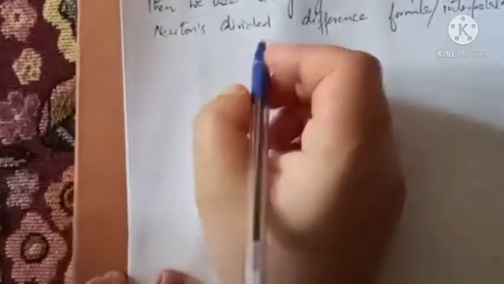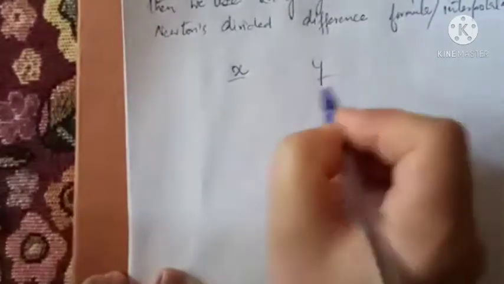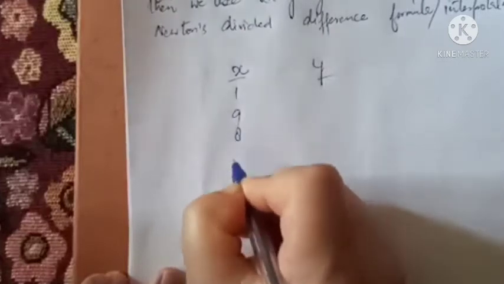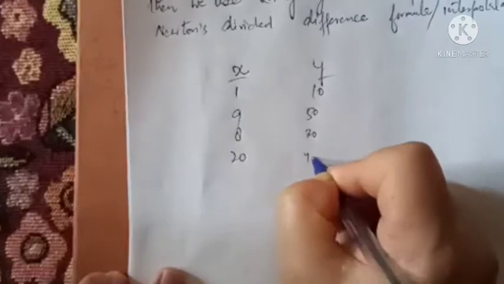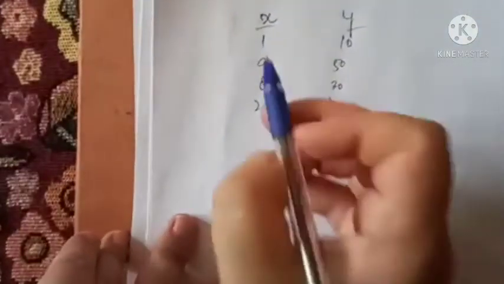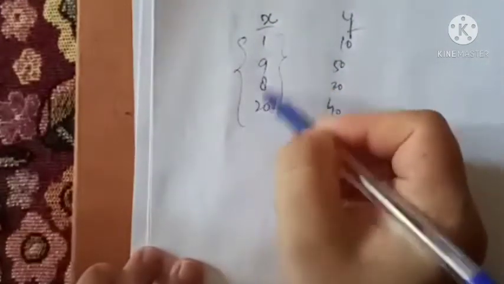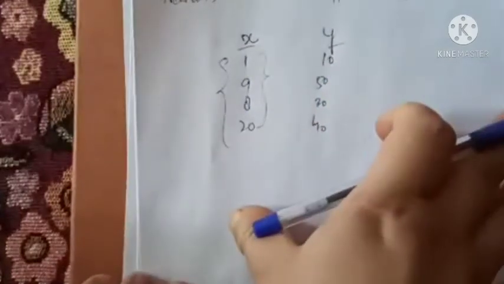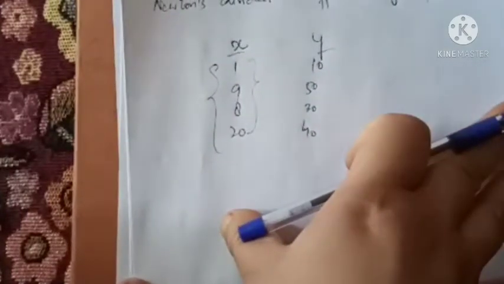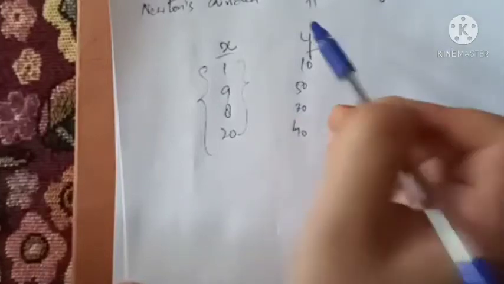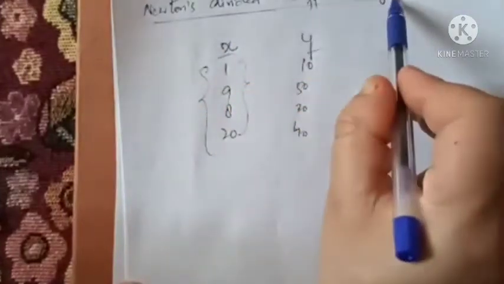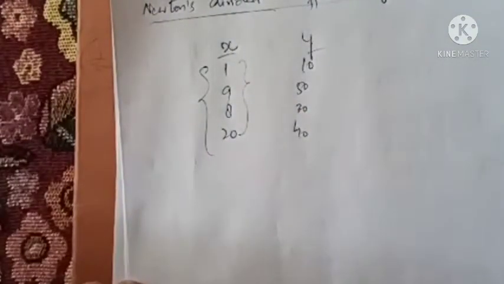So for example, these are our data points. Say I am having 1, 9, 8, 20 and any function values, say 20, 50, 30, 40, anything. In this case, our data points are not equally spaced, they are unequally spaced. So at that point of time, the method of interpolation which we use is Lagrangian's interpolation or Newton's divided difference interpolation method. Now in our syllabus, we don't have to do Newton's divided difference interpolation, but we have to perform Lagrangian's interpolation method.